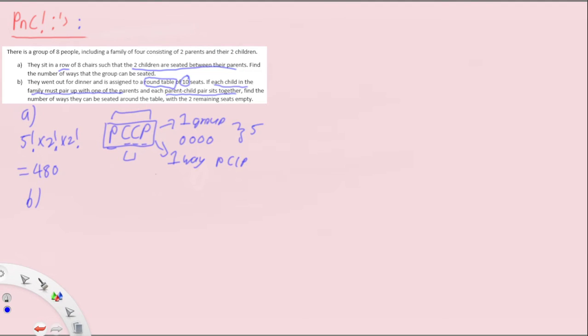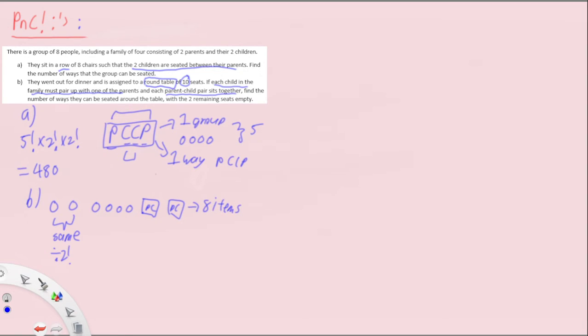Alright, so first things first, the 2 extra seats, which are the same. Because they are the same, you need to remind yourself to divide by 2 factorial. And then the 4 remaining people, and then the 2 parent-child pairs, for a total of 8 items.